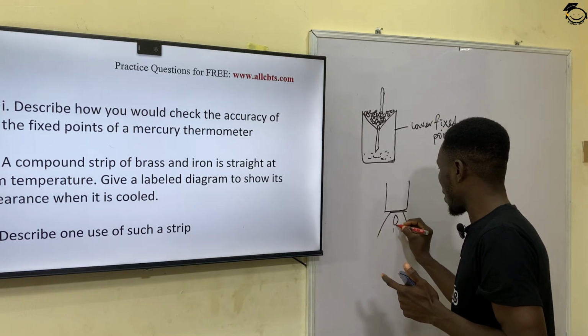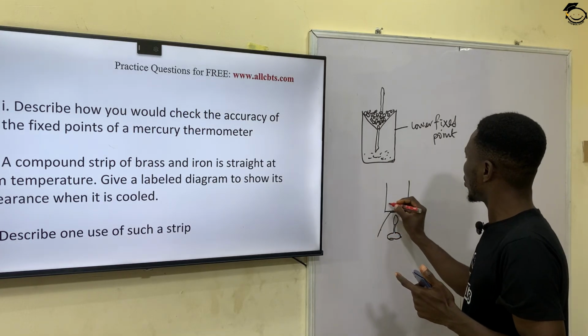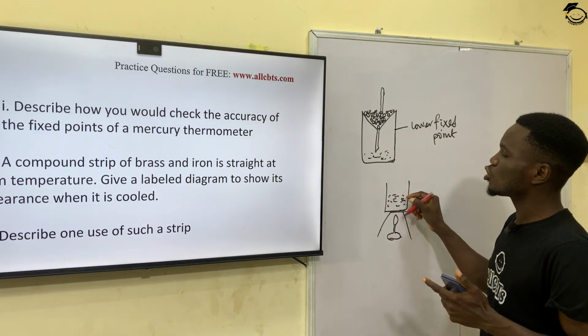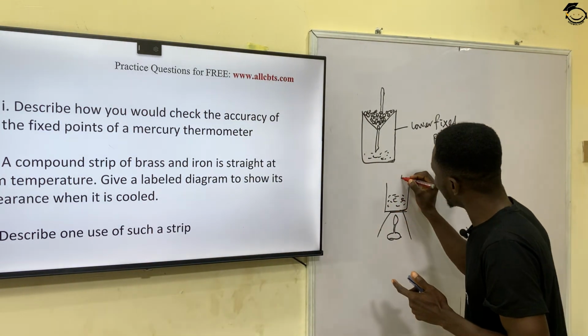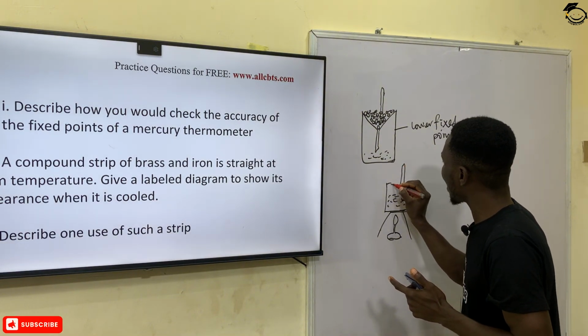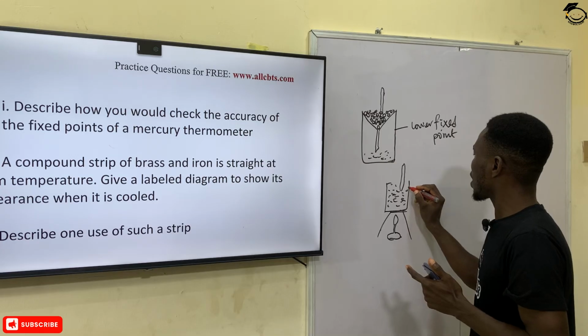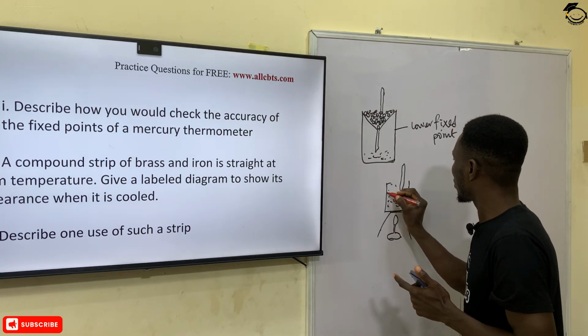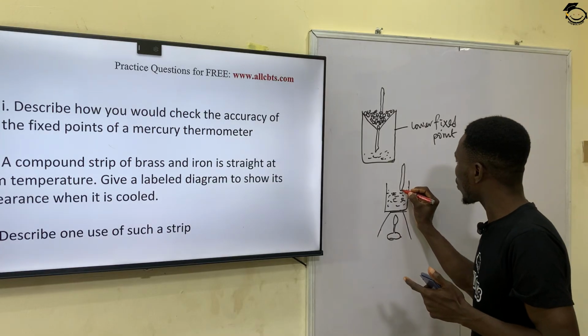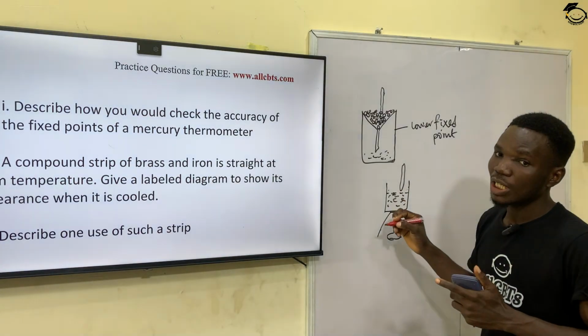So I have flames here from, let's say, a Bunsen burner. You heat it, but you do not put the thermometer into the water. You suspend the thermometer above the water, so that when steam is evaporated from this water that you are heating up, the temperature of the steam can be read using the thermometer.